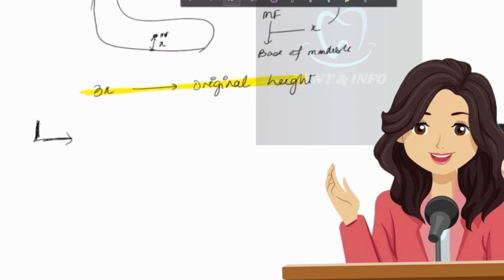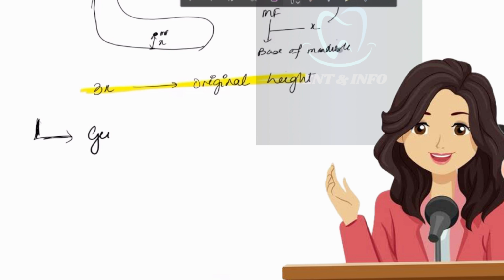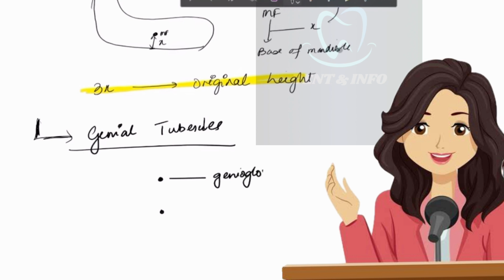second feature, or rather the second relieving area that we see, is our genial tubercles. This is very easy. Probably you all would be knowing it. There are 2 in number. You have the upper one attaching to genioglossus and the lower one attaching to geniohyoid. Now, with your genial tubercles also, the same thing happens.